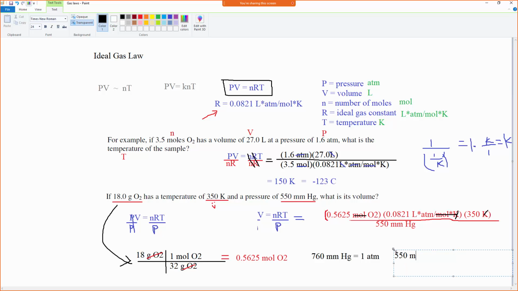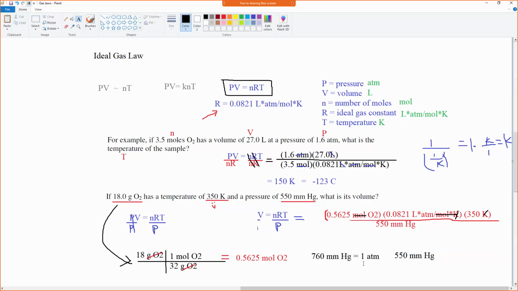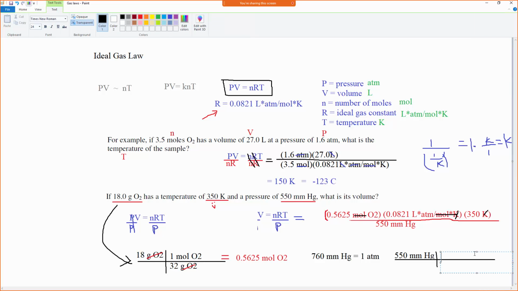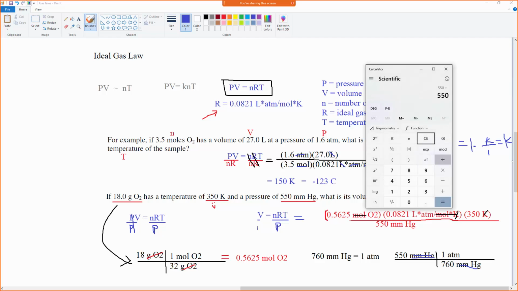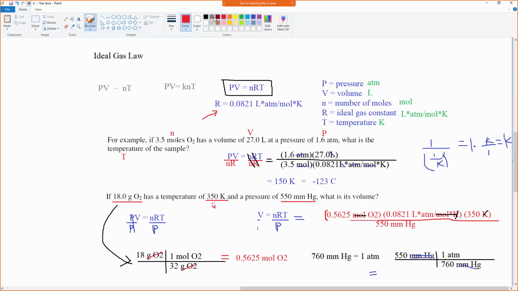You take the 550, and 1 atmosphere is 760 millimeters of mercury, and millimeters of mercury cancels. When I plug that in, we get 0.723. You guys are right on. Yeah, 0.724.